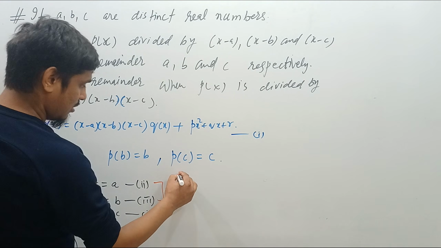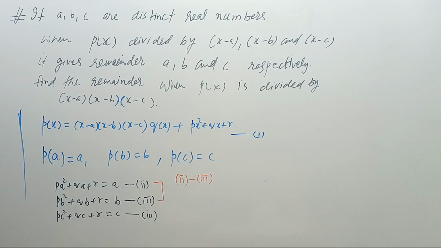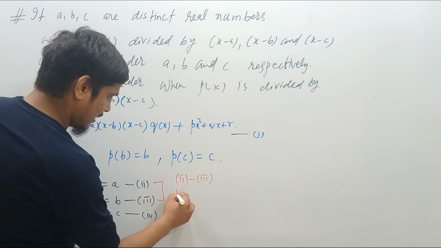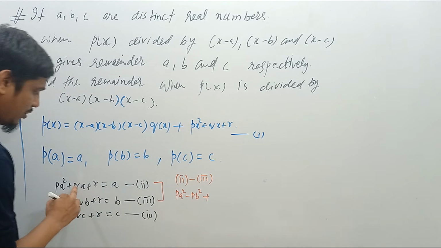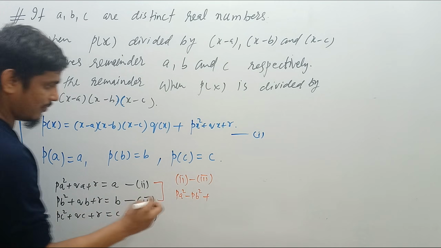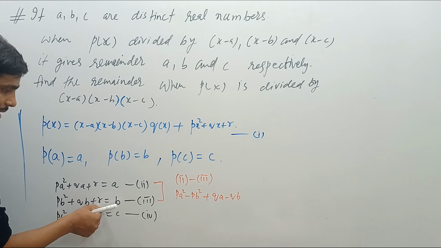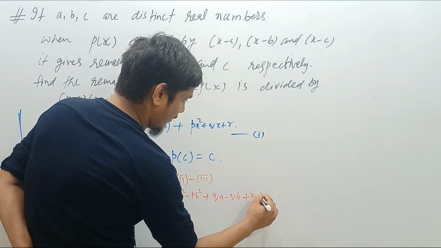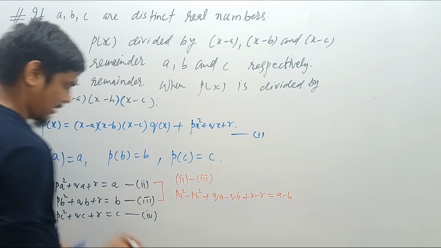When we subtract 2 and 3, what we'll get? pa square minus pb square, plus qa minus qb, and then r minus r, and on the right side a minus b.